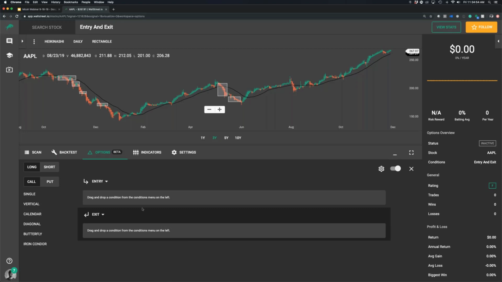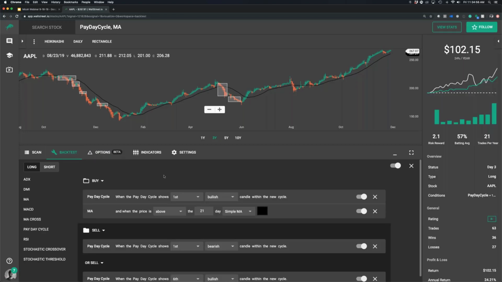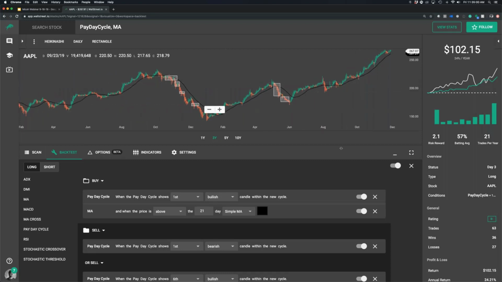And just to give you some scope of this project, when you backtest stocks, we've got about 100 million endpoints in our database that are instantly fetchable for instant backtesting. That's why when I change this 21-day moving average to a 30-day moving average, you can see it updates in 1 second. It's instant backtesting.